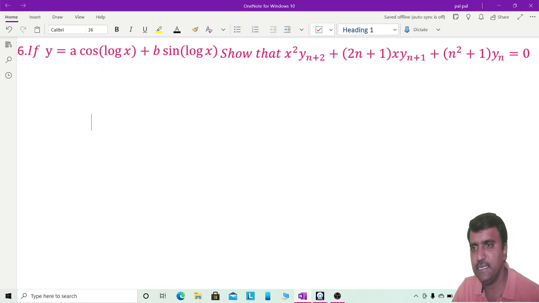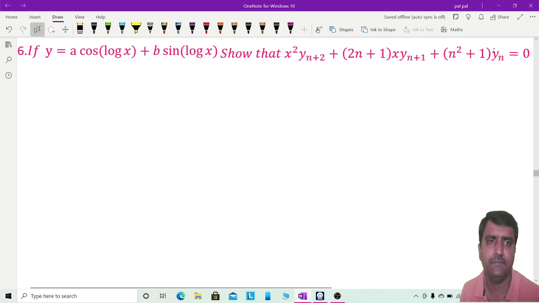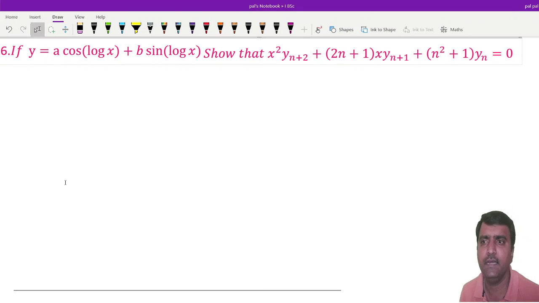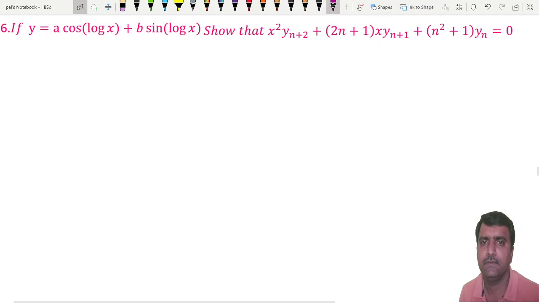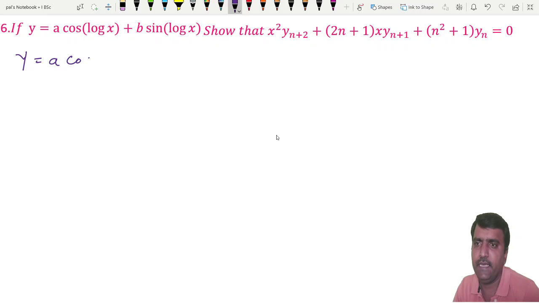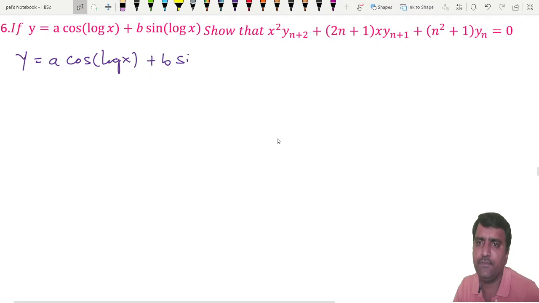Yes, to prove this result, first you consider the given function y. So y is equal to a cos of log x plus b sin of log x.